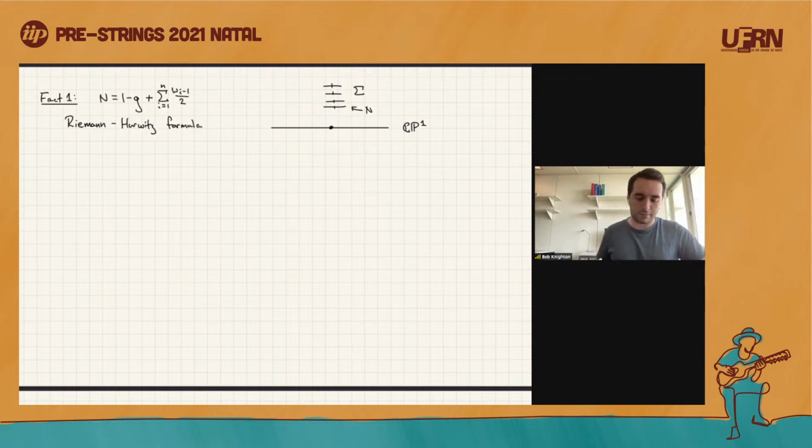And one immediate result of the Riemann-Hurwitz formula is that if I fix the w_i, there's a maximal possible genus.